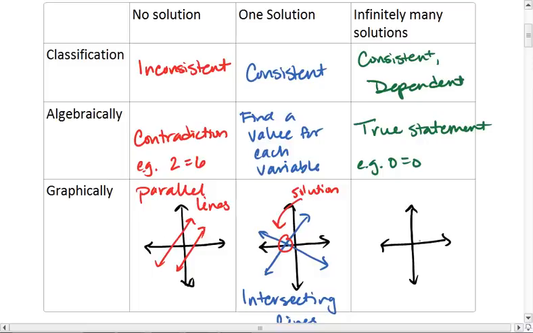Graphically, this will appear as coincident lines, so two lines that lie one on top of another. These are three options: no solution, one solution, or infinitely many solutions.